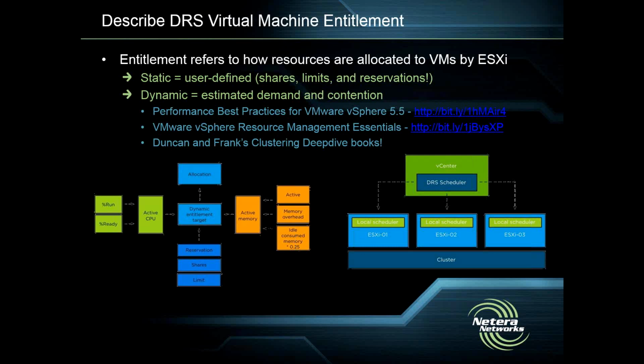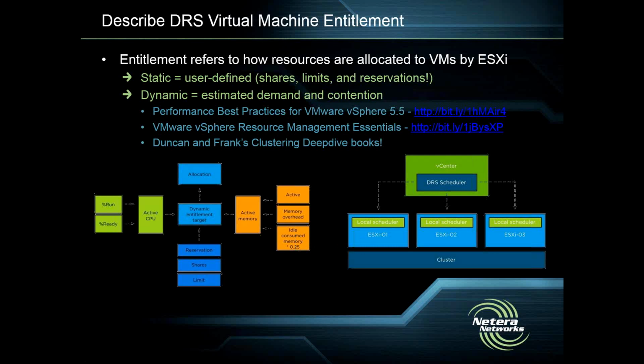Now would be a good time to talk about those three, of course. A reservation, then, is the minimum guaranteed amount of resources, either CPU or memory, that are guaranteed to a particular VM in all circumstances, whether there's contention of that resource or not.